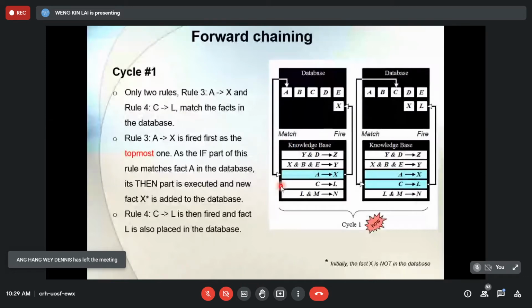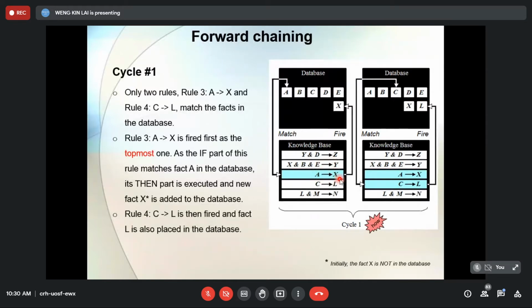So again, you can also see clearly it's very dependent on the order of your rules, right? Imagine if we put rule number 3 on top of rule number 2, you swap places.